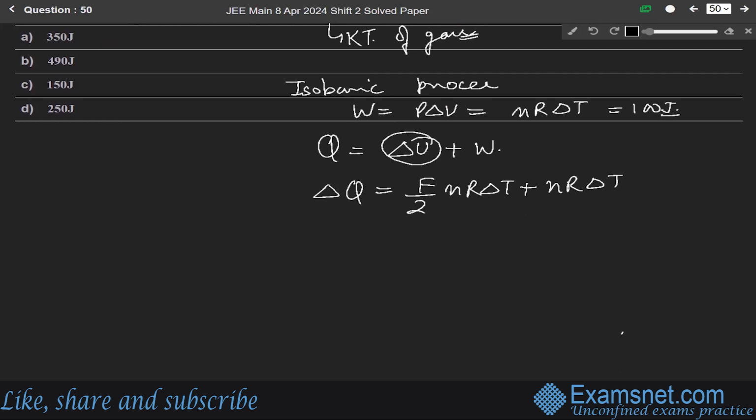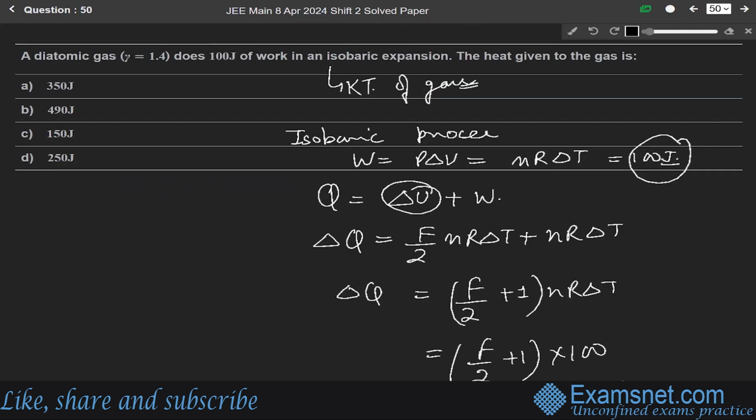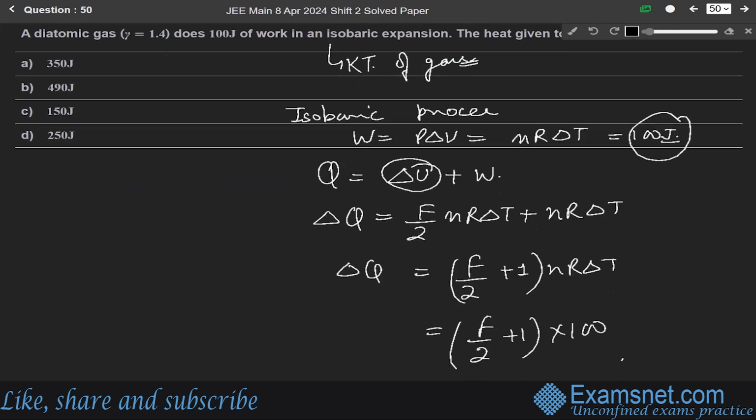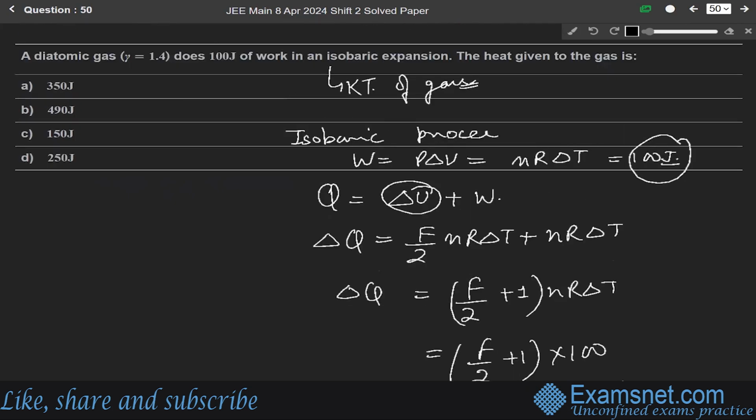So here we can write F by 2 plus 1, nR delta T is equal to delta Q. And nR delta T is 100 joule. So F by 2 plus 1 into 100 joule. Gamma is 1.4, so F will be equal to 5. So 5 by 2 plus 1 into 100.